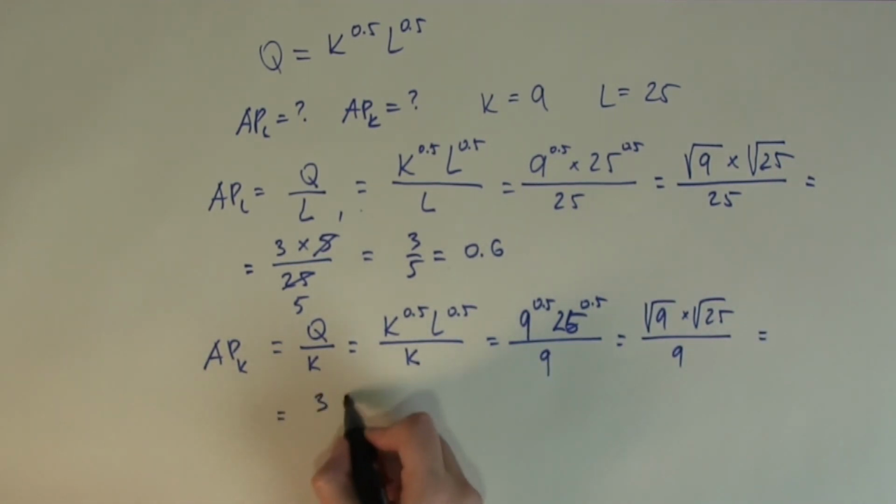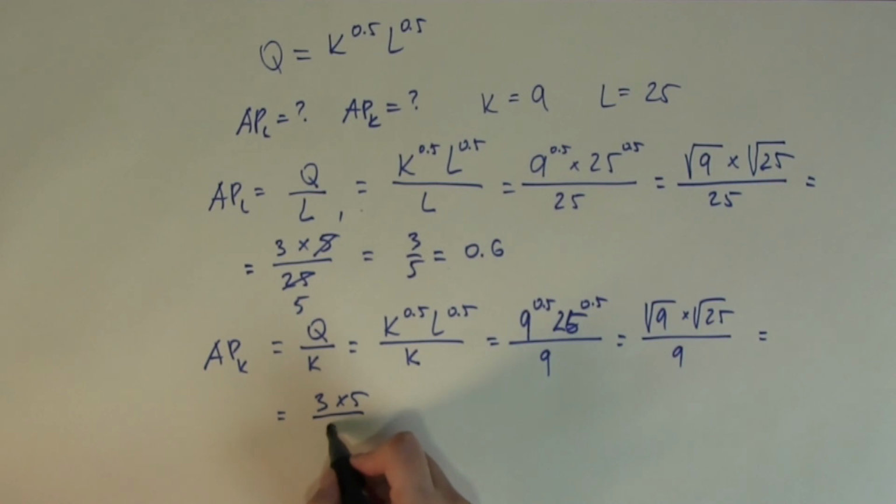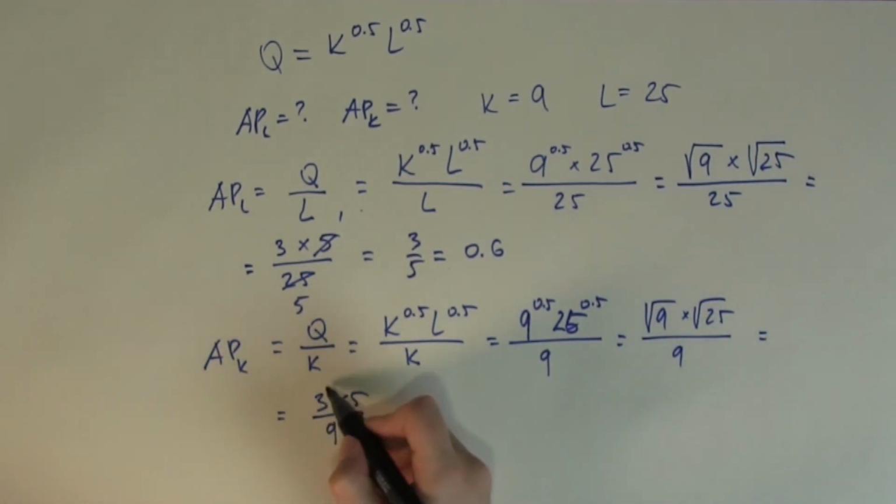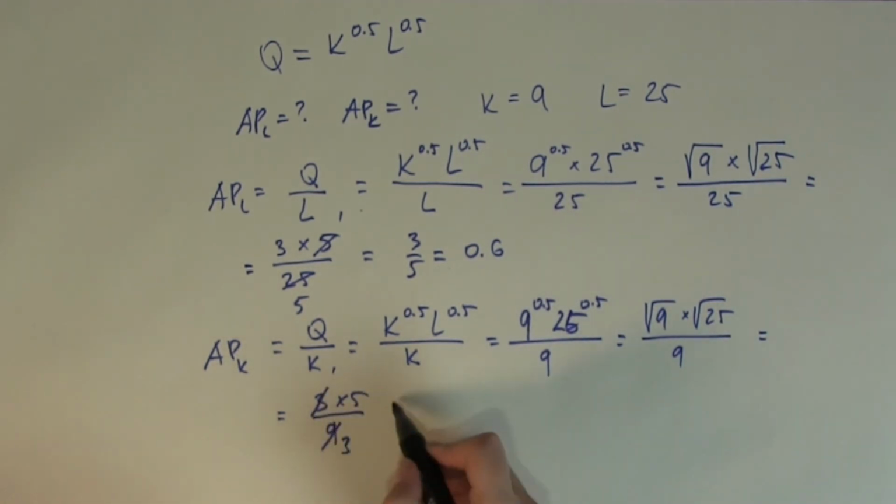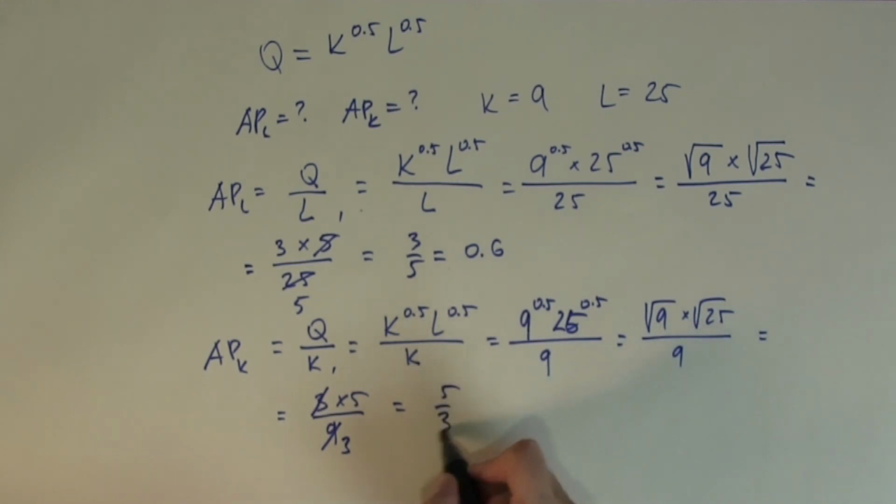So that gives me 3 times 5, but now I'm dividing it by 9. So now I can cancel down, and that gives me 5 over 3.